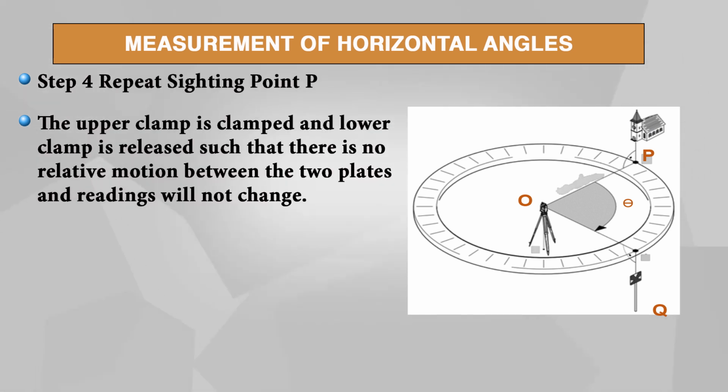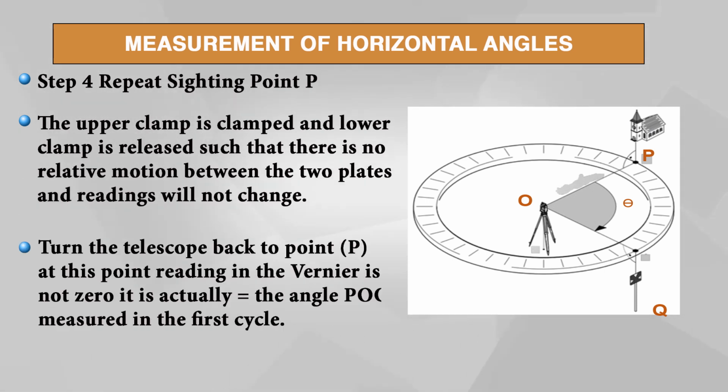For this to happen, the upper plate is clamped and the lower plate is released. There will not be any relative motion between the two plates. So, when you do not want any relative motion between the two plates, the upper plate is to be clamped and the lower plate is to be released.